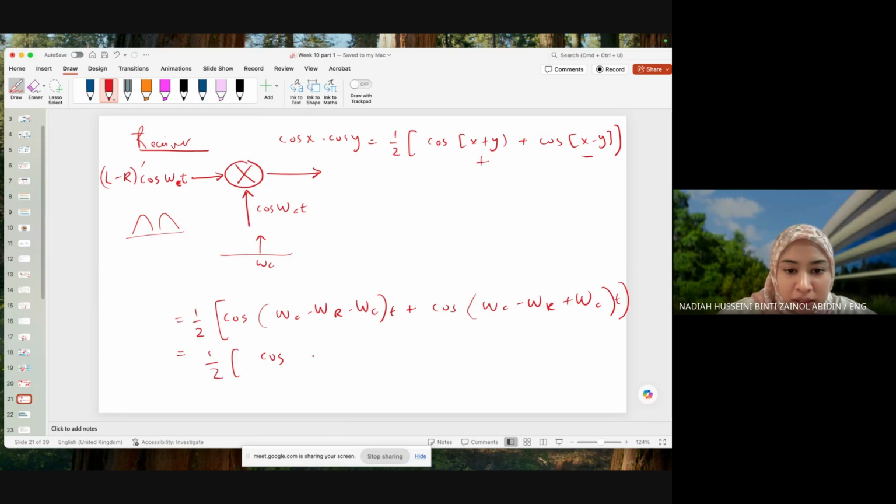Okay, cosine 2 omega C. Oh my God, what happened to my omega? It looks like a bat. Okay, 2 omega C minus omega R T plus cosine. This guy gets cancelled out. No, sorry, this guy gets cancelled out.